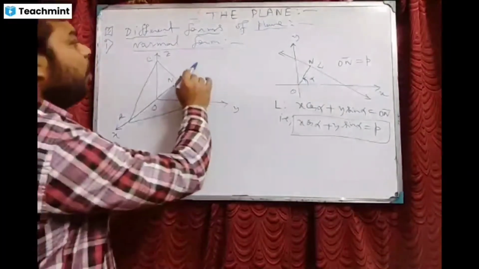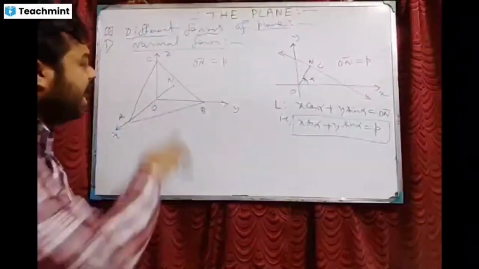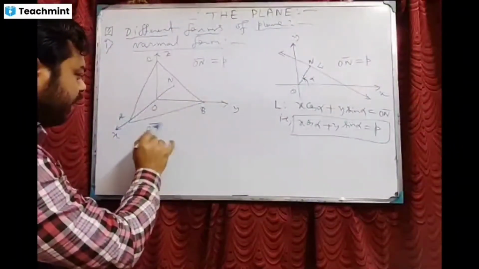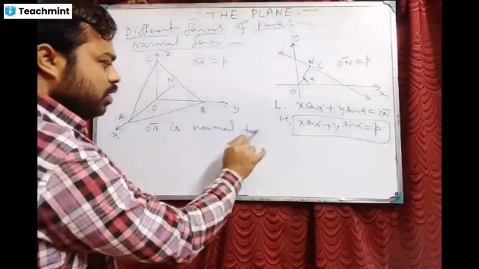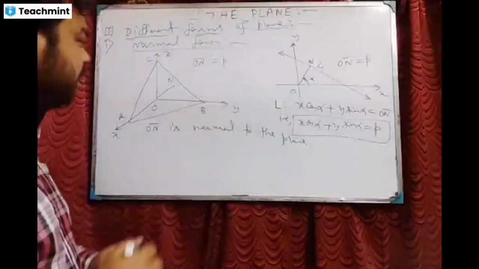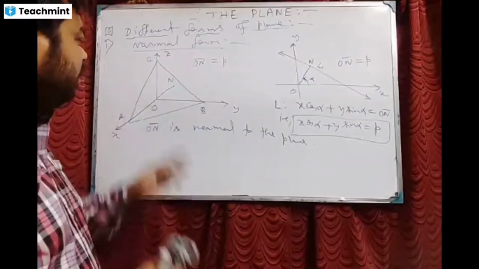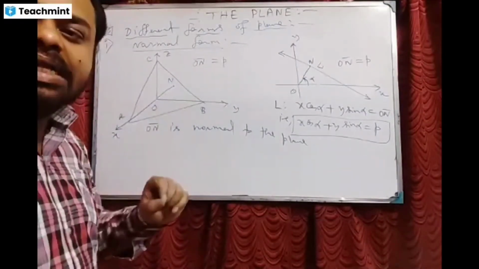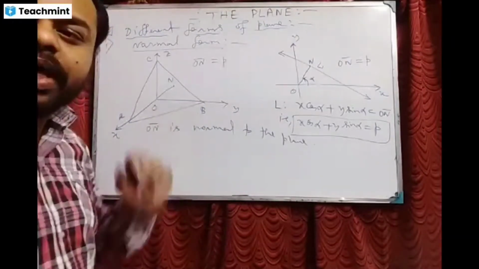Suppose the distance ON is P, and ON is normal to the plane. ABC is our plane, ON is the line. Suppose ON makes angles alpha, beta, gamma with the positive direction of the x, y, and z axes.